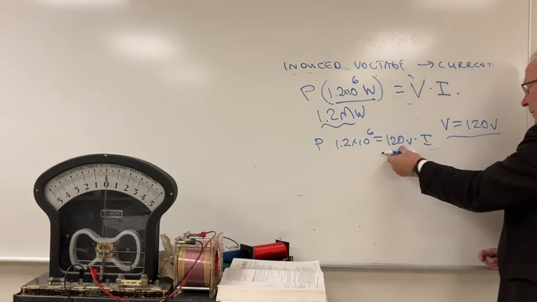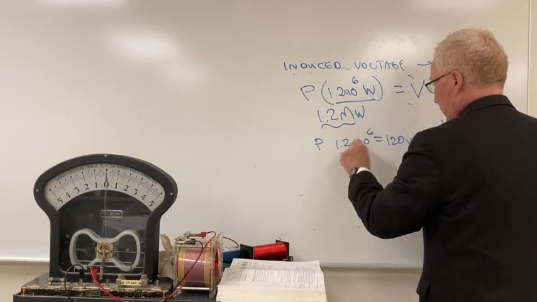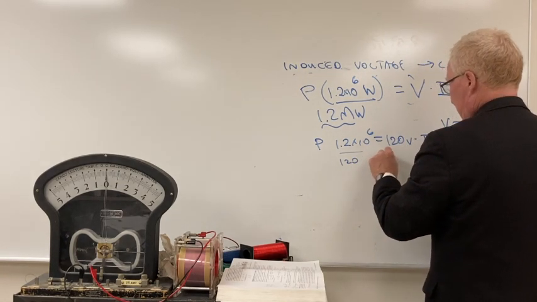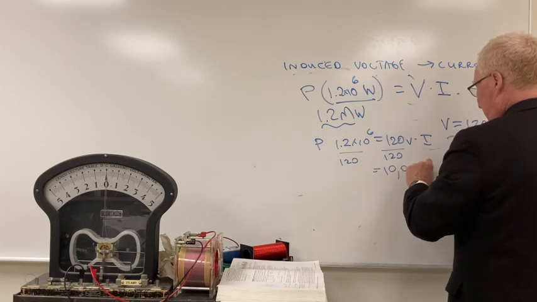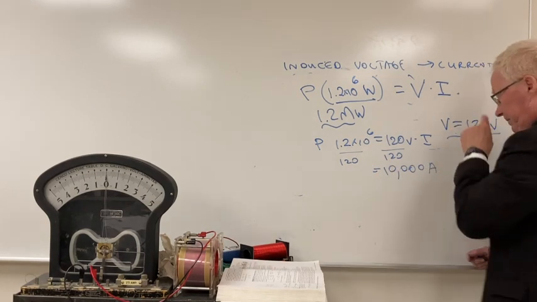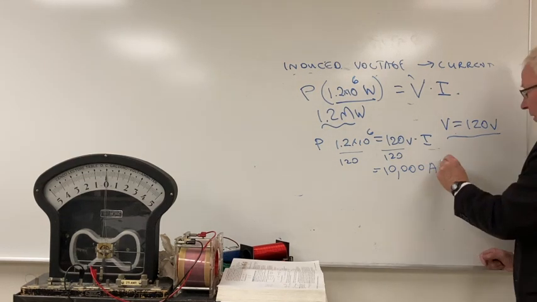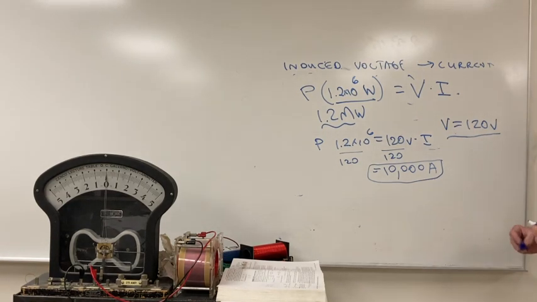Divide both sides by 120, and I believe you end up with I is 10,000 amps, so 10 to the 4th amps. That'll be the current, which seems like a lot, but it's like, what's the big deal?